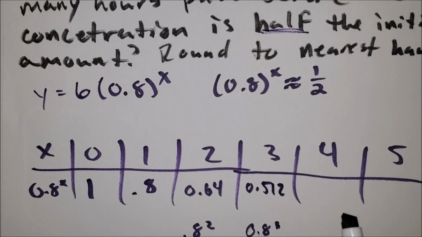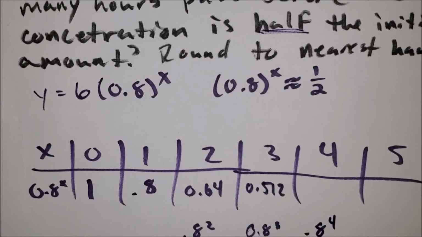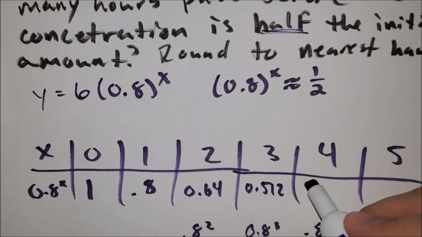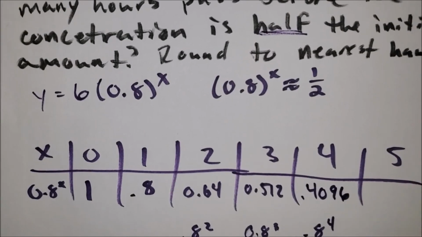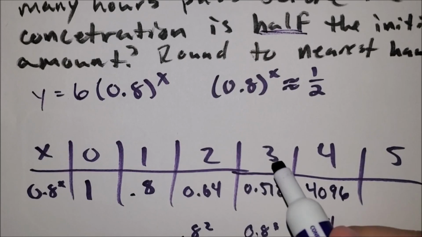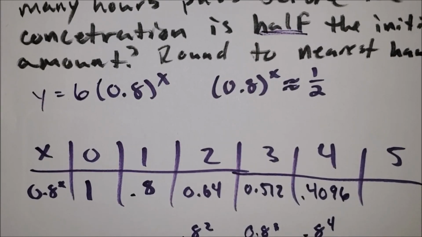And if we wanted to, let's look at how it is at 4. So 0.8 to the power of 4, and this is 0.4096. So we can see that after hour 3, we're the closest to 1/2.